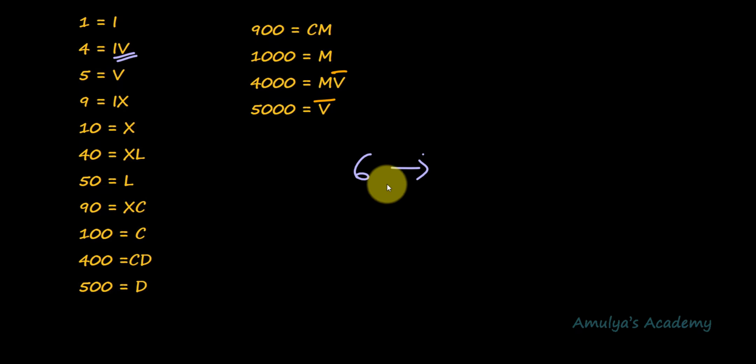We can represent 6 as 5 plus 1. So first I need to represent 5. It is plus 1, so I need to place 1 after this, and the symbol used for 1 is I. So this is 6. If I want to represent 13, it is 10 plus 3.